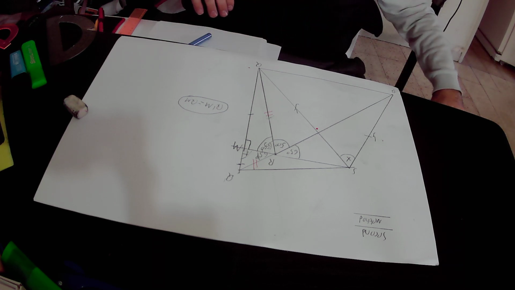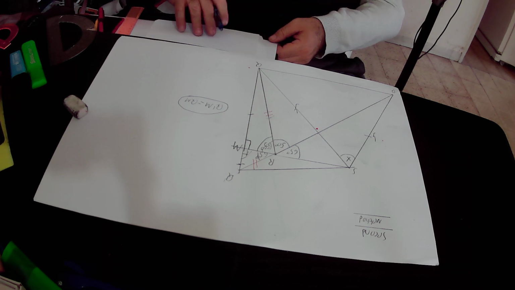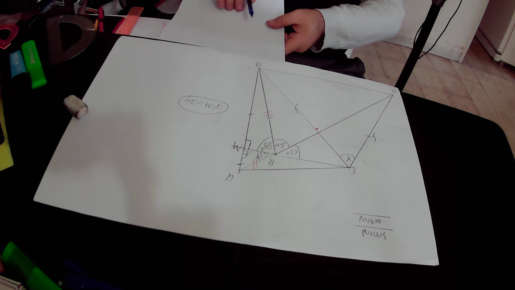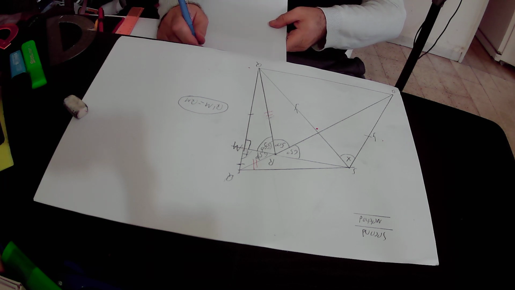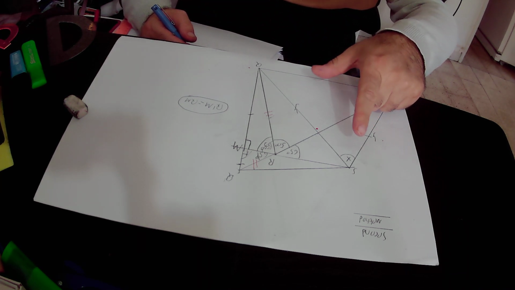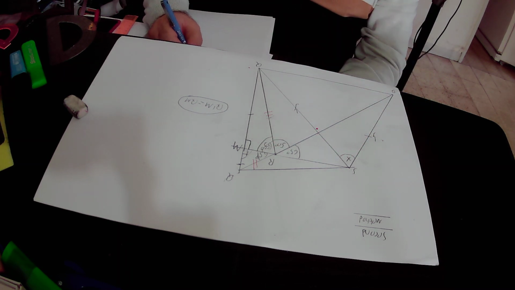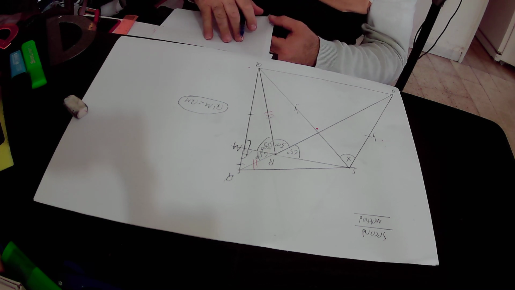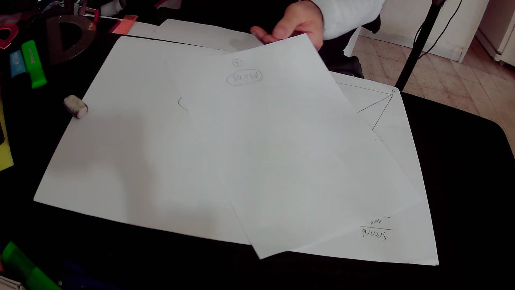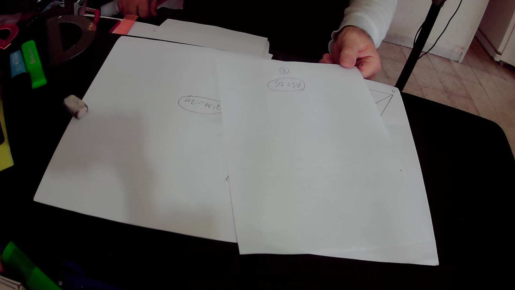Okay, so what we can conclude from the fact that the two big triangles are congruent is that SQ equals SQ dash, according to the rule that corresponding sides in congruent triangles are equal to each other.